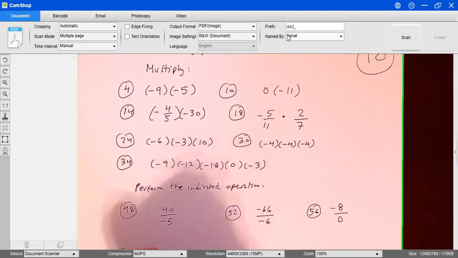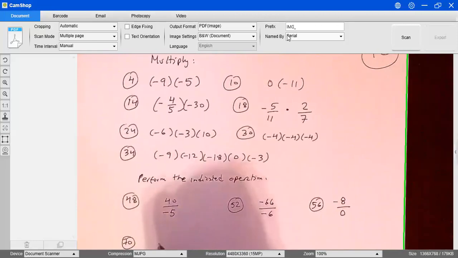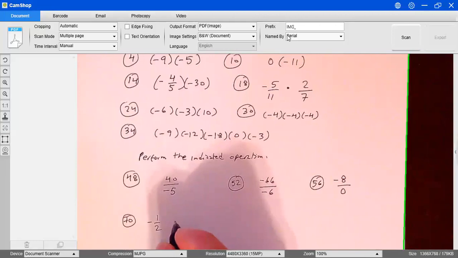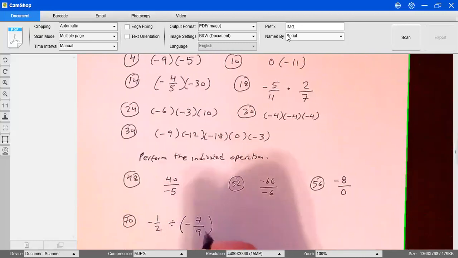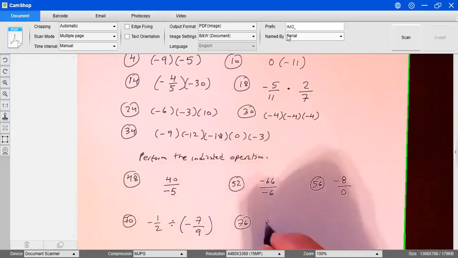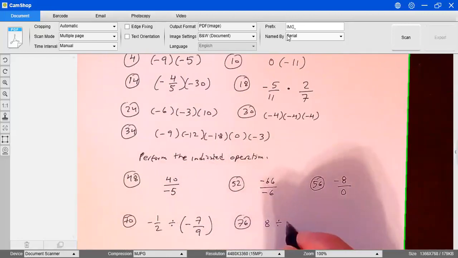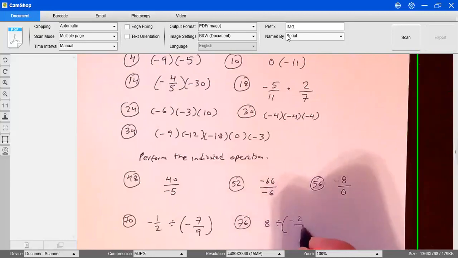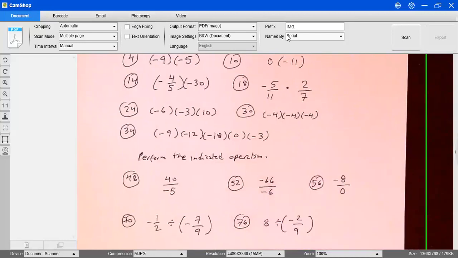And then we have 70, -1/2 divided by -7/9. And 76 is 8 divided by -2/9.